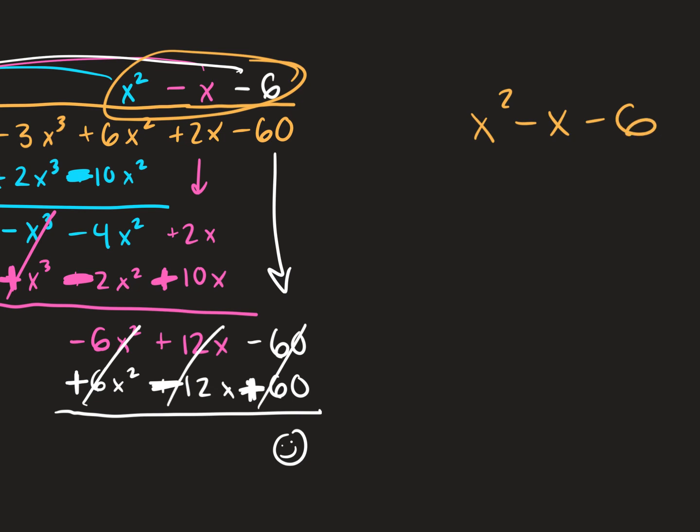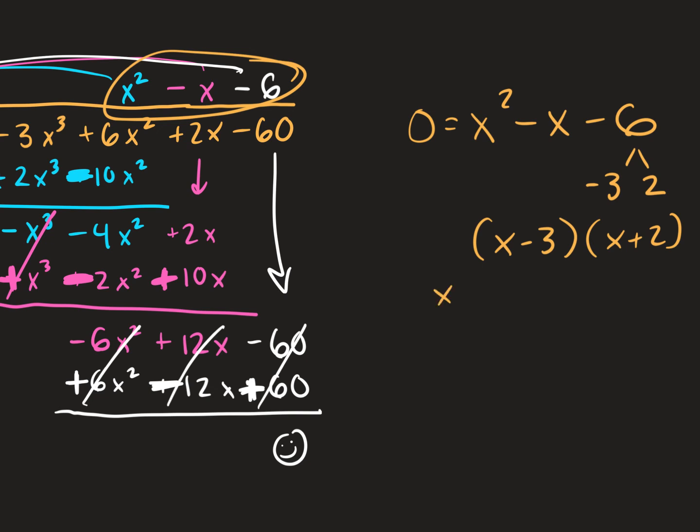So how could I find the zeros? Set it equal to 0 and factor it. What are two factors of negative 6 that add to negative 1? Negative 3 and positive 2. So x minus 3 and x plus 2.